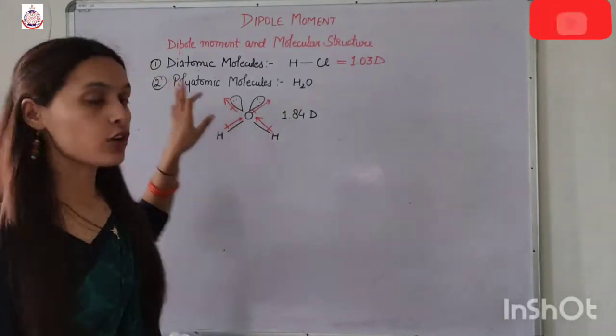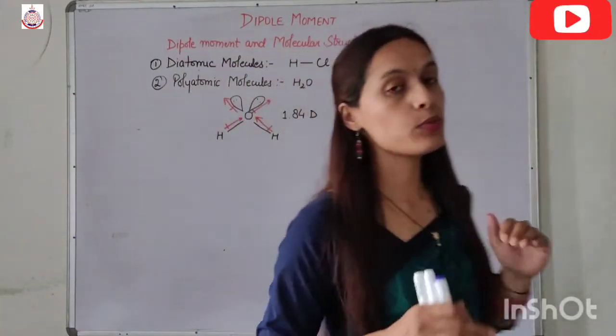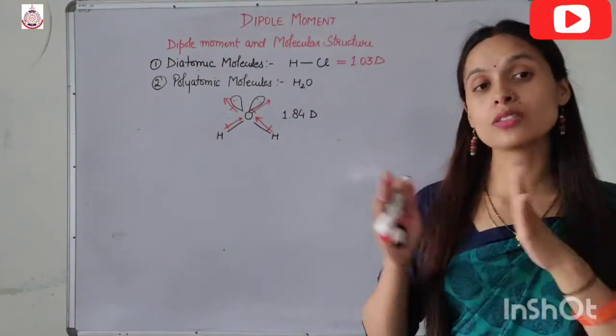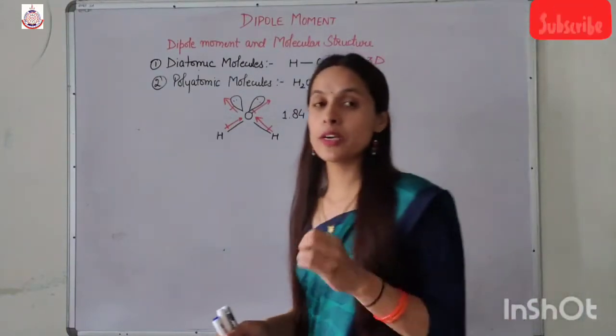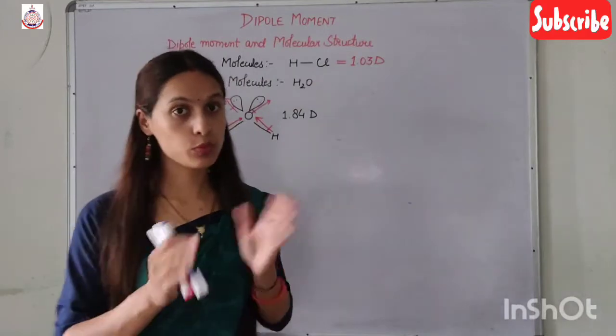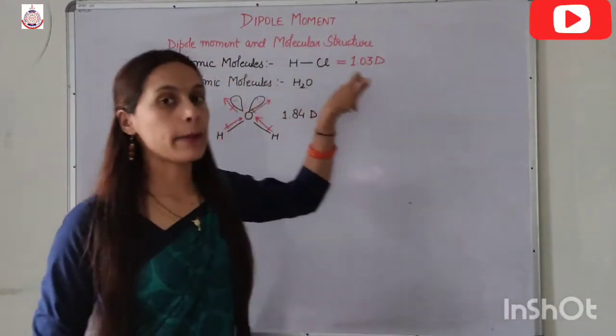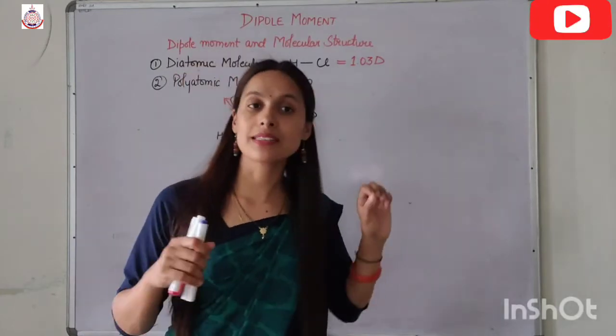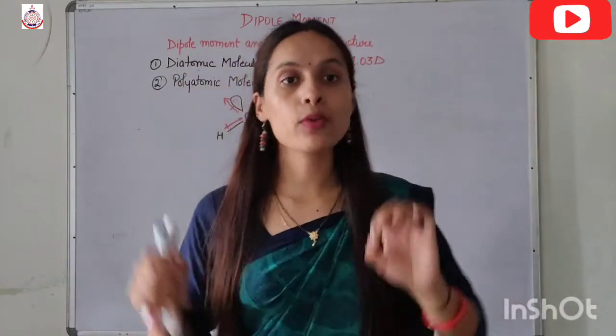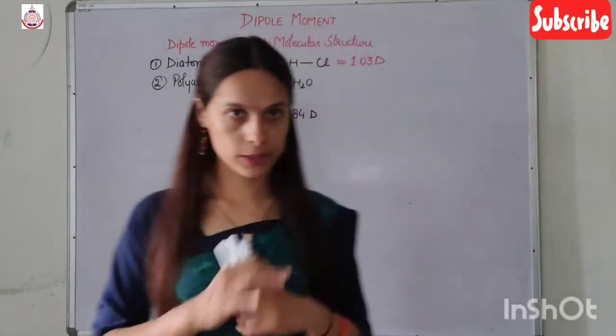So in polyatomic molecules, the dipole moment of the molecule is not similar to the dipole moment of the individual bond, but in a diatomic molecule, the dipole moment of the molecule is exactly equal to the dipole moment of the particular bond.